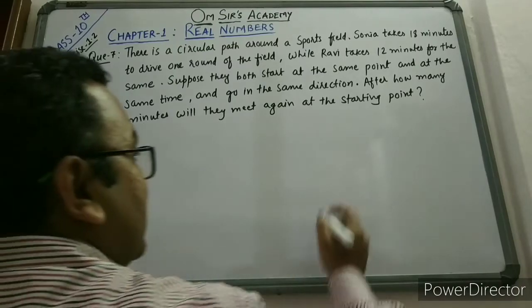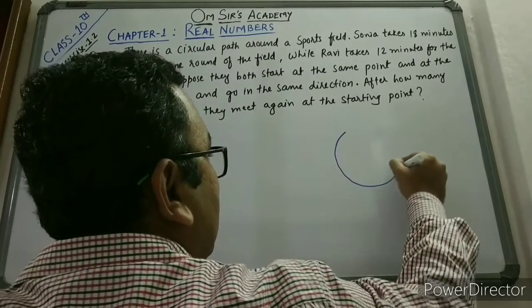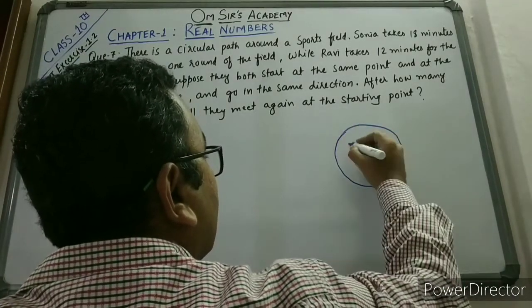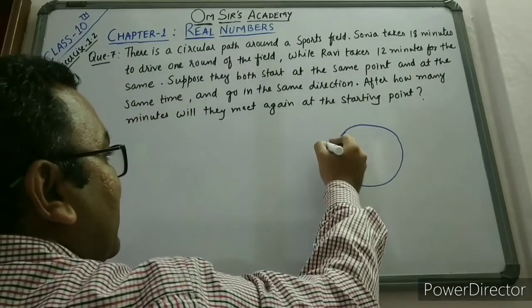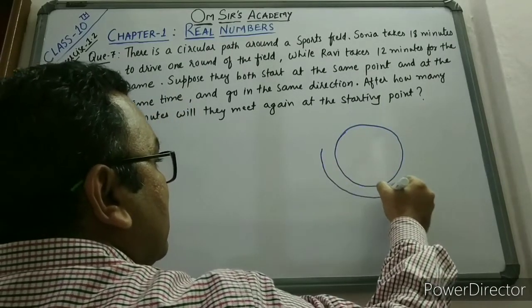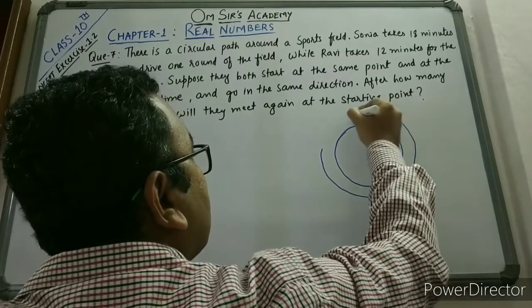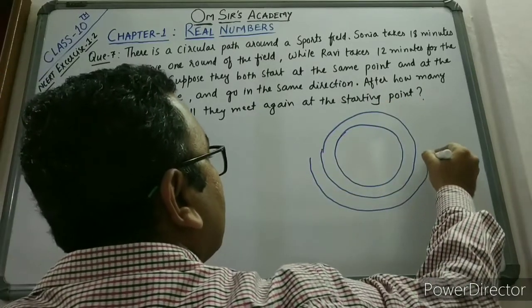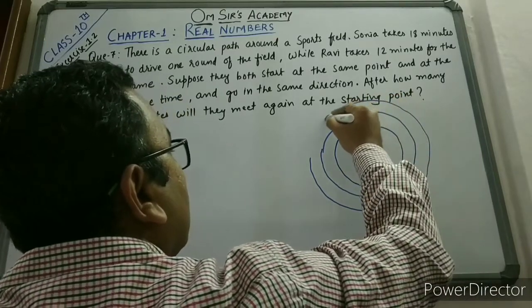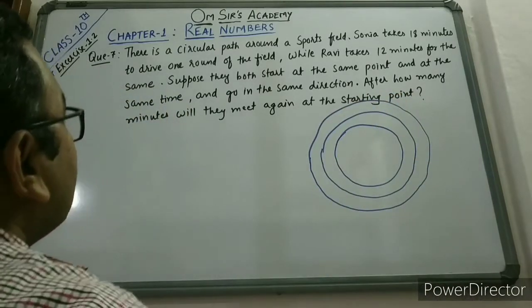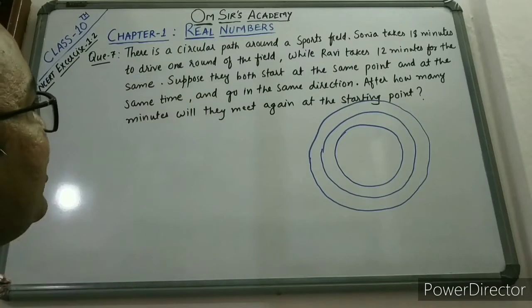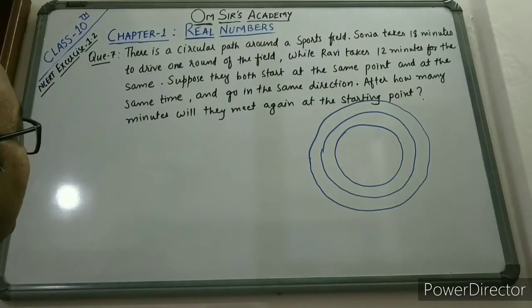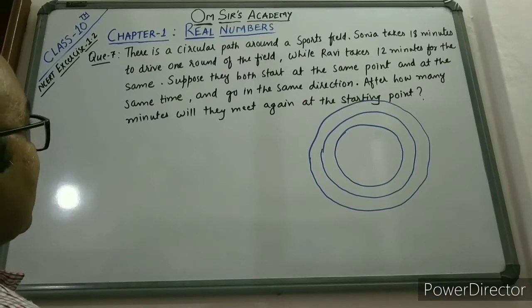Okay, so say this is a sports field, and there is a circular path like this way. Sonia takes 18 minutes to drive one round of the field while Ravi takes 12 minutes for the same.